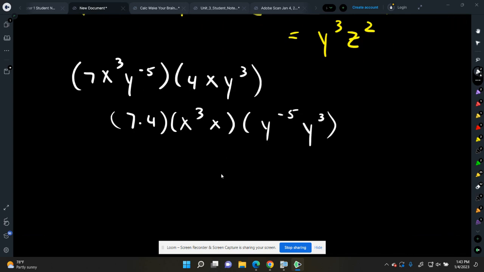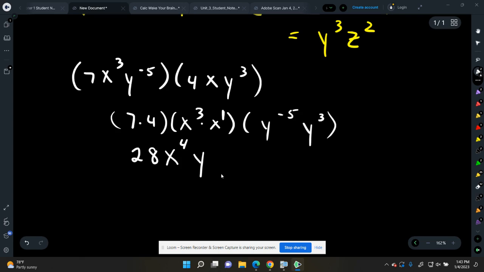So here we have 7 times 4 is 28. X to the 3rd times x. Remember, this is an assumed 1, so that becomes x to the 4th. And then we get y, negative 5 plus 3 is negative 2. So that's not complete because we can't have that negative exponent.